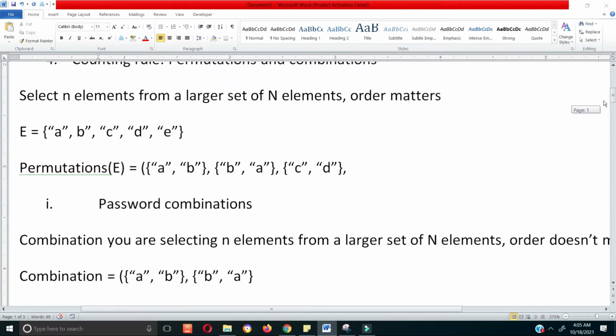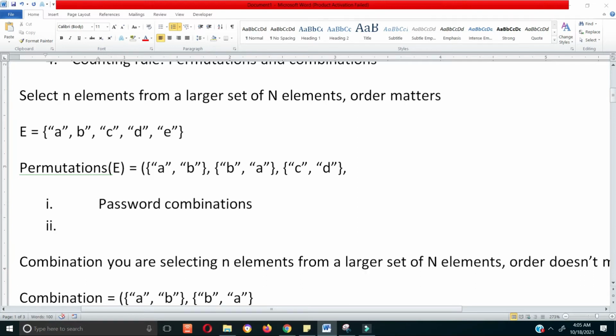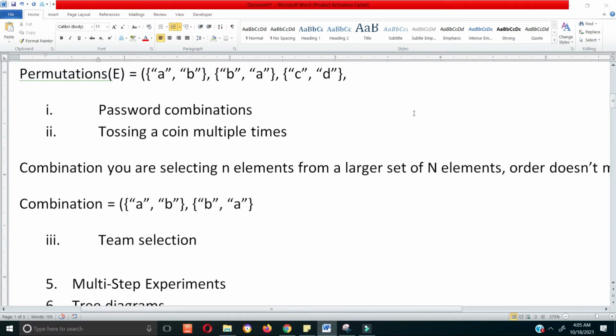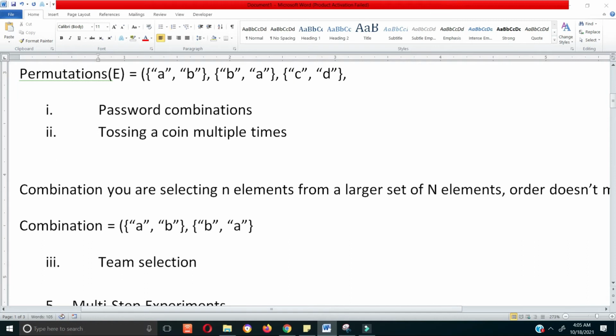By the way, that would be a permutation, right? If you are tossing a coin multiple times, because you could have, for instance, in the first experiment, something like head.